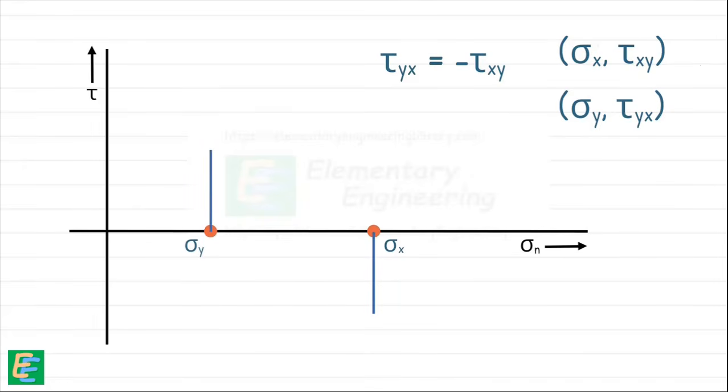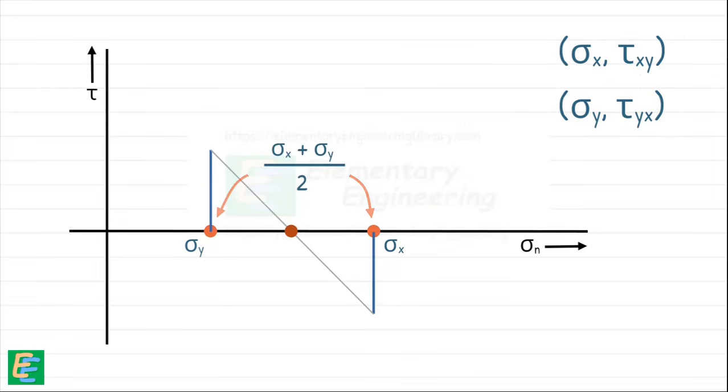We mark these points on the graph and connect these 2 points to form a diameter of the circle. The center of the circle is the midpoint of this diameter. We can also find the center by calculating the midpoint of the 2 normal stresses on the x-axis. With these points and the diameter, we can draw the Mohr circle.